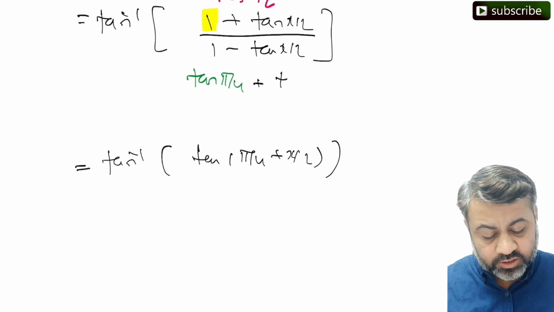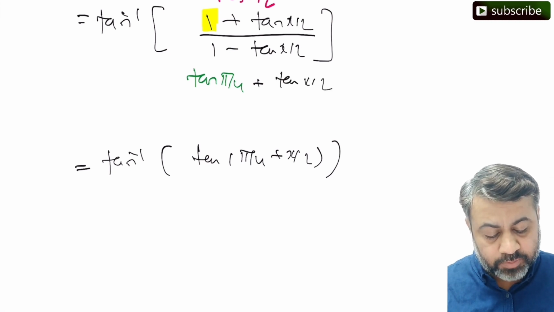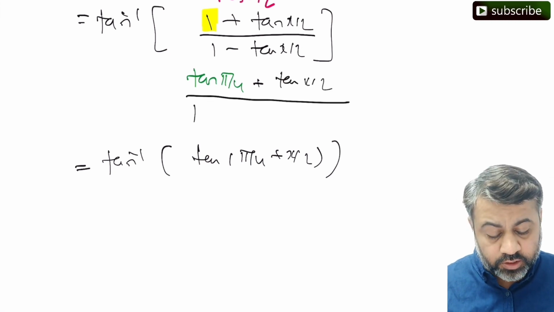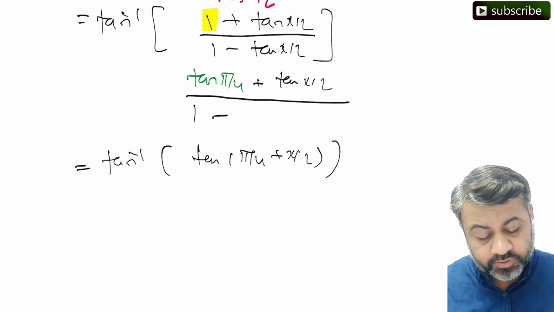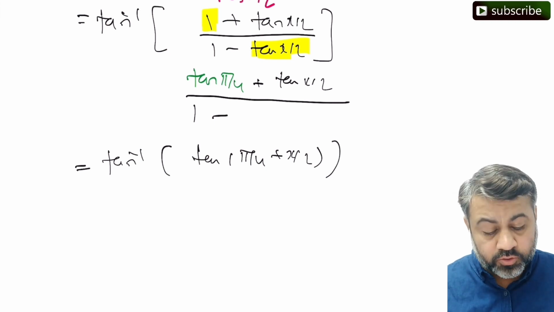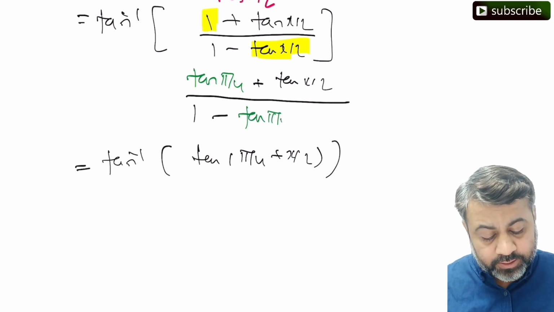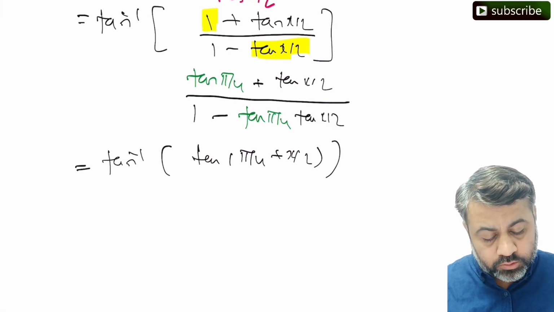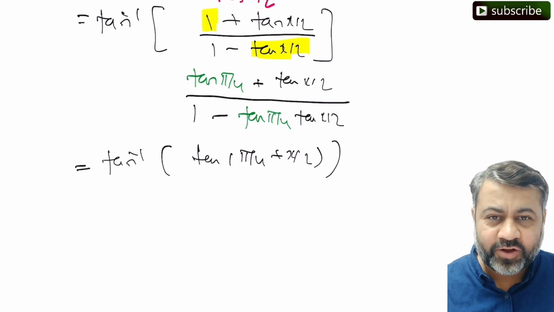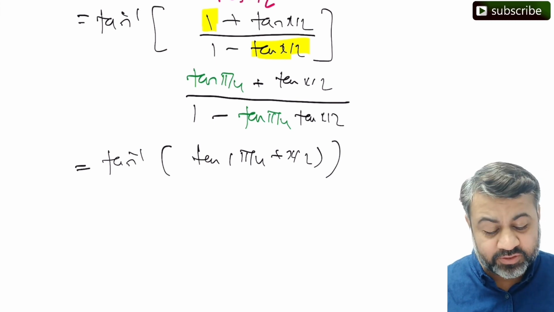So we are not changing this tan x by 2, it is as it is. In the denominator, this 1 we are keeping as it is. Observe this. Next step, this tan x by 2, now I am writing as tan pi by 4 into tan x by 2, because tan 45 is 1, so 1 into tan x by 2 is tan x by 2.